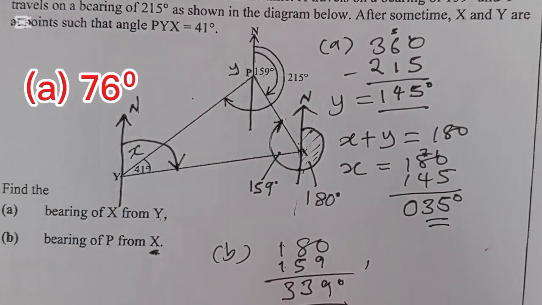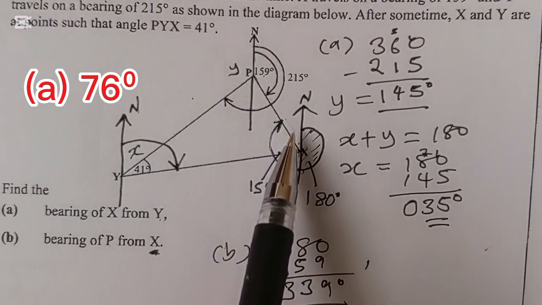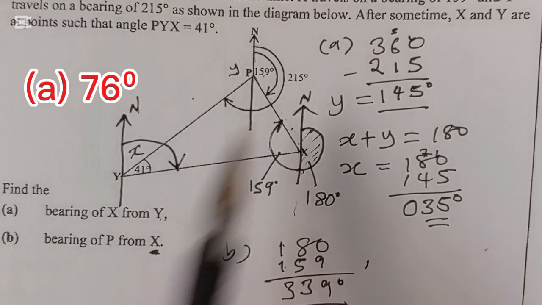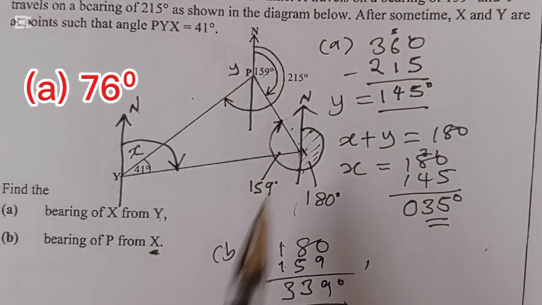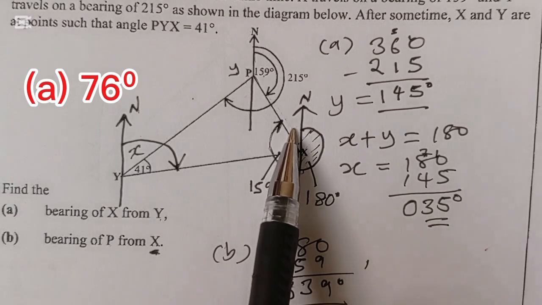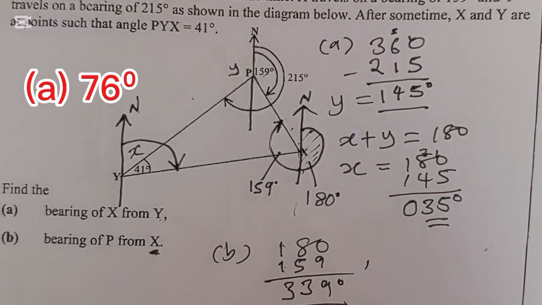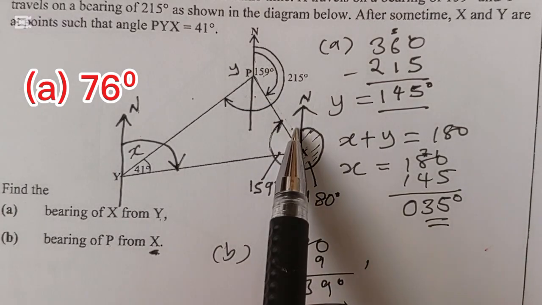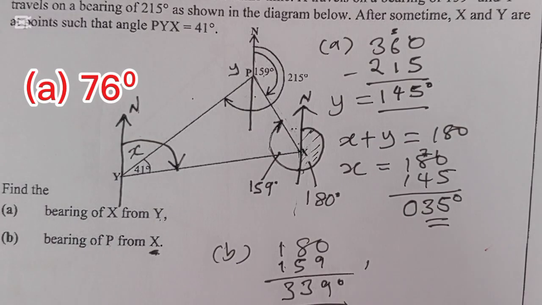So this is method 1. So method 2, you can just go and find this angle, then you subtract from 360. So how do we find this angle? This 159 and this angle, they add up to 180. Or this angle is the same as this one. So 180 minus 159, the answer is 21 degrees.